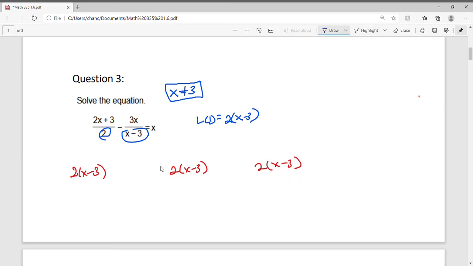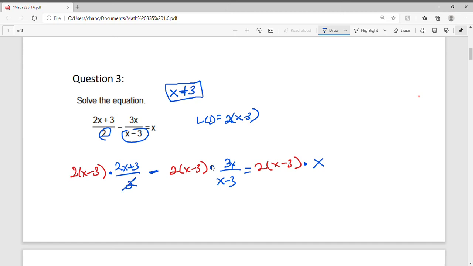So it's 2 times x minus 3 times the first term, 2x plus 3 over 2, minus 2 times x minus 3 times the second term, which is 3x over x minus 3, and that's equal to 2 times x minus 3 times x.